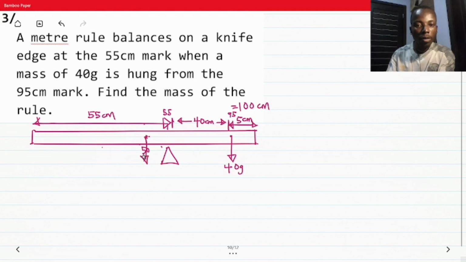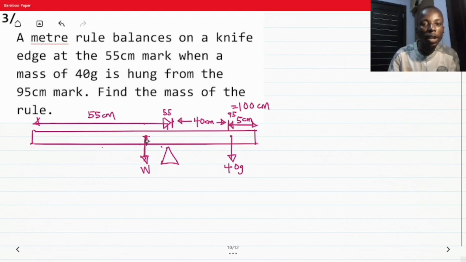From this end to this end is 50, the midpoint.